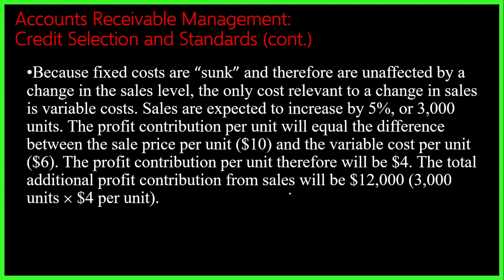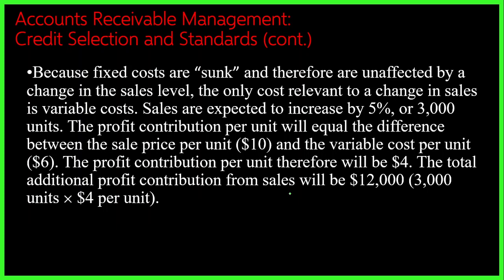So let's try to come up with a cost-benefit analysis. Question: is it wise for us to relax the credit standards? Okay. Now, let's try analyzing this. Sabi niya, the profit contribution will be 4. That's 10 minus 6. And the total additional profit contribution from sales will be 12,000. That's 3,000 units times 4 per unit.